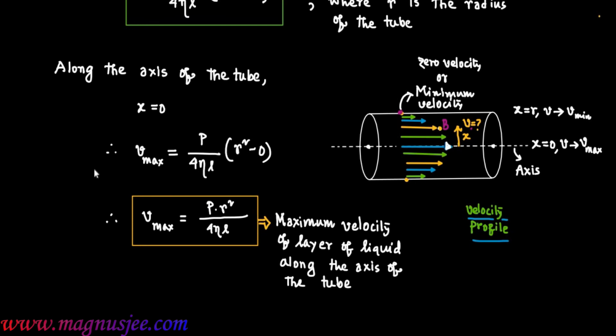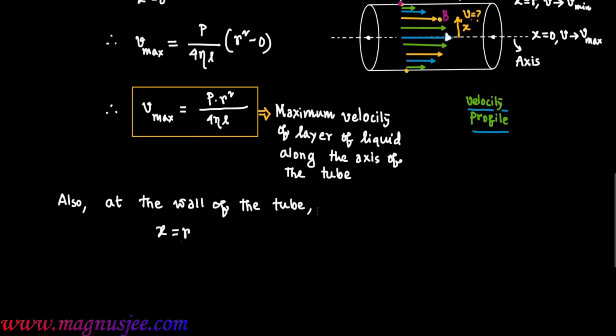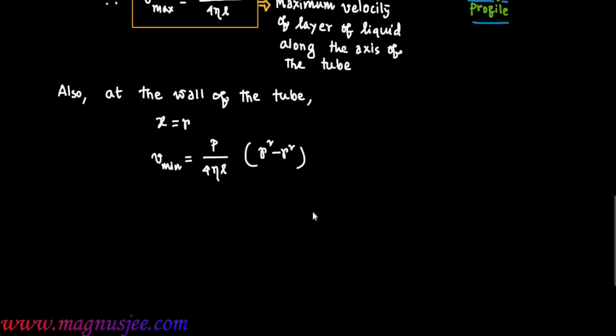Similarly, at the wall of the tube, x is equal to r, means the distance of the wall from the axis is equal to the radius of the tube, and velocity of flow of liquid will be V min, which is P divided by 4 eta L under bracket r square minus r square.